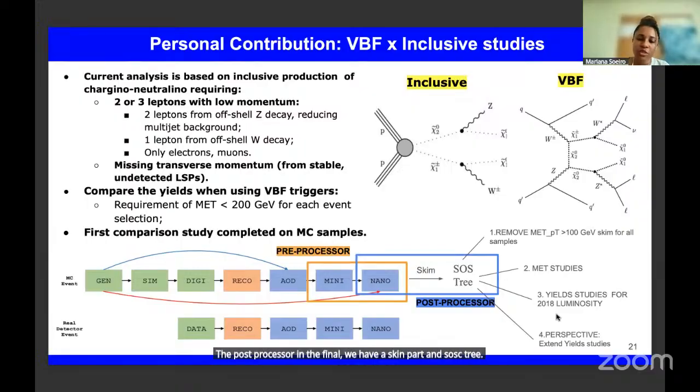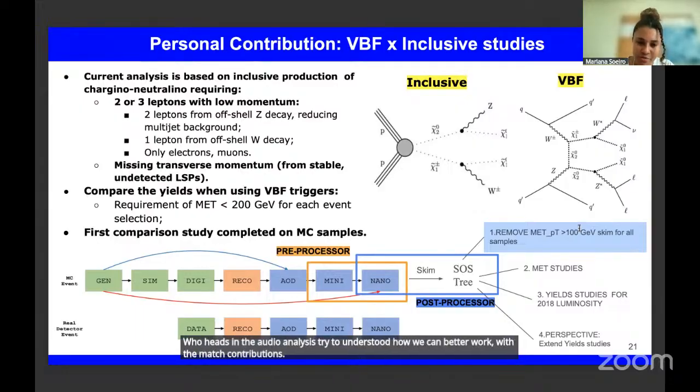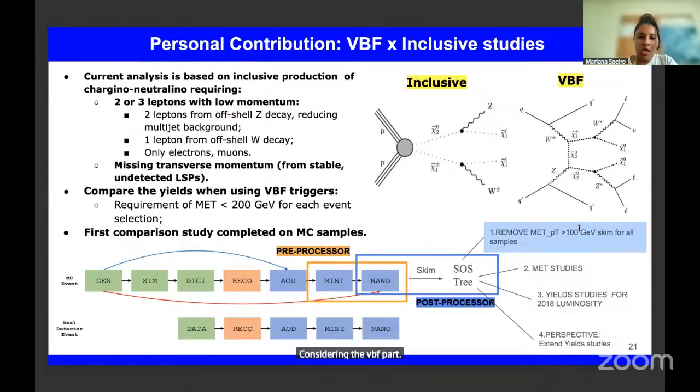It is produced. I basically work in this process and eliminate the match contribution that we had in the other analysis. I try to understand how we can better work with the match contributions, considering the VBF part.